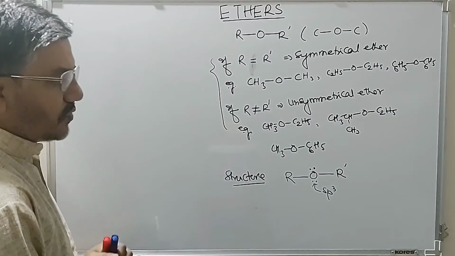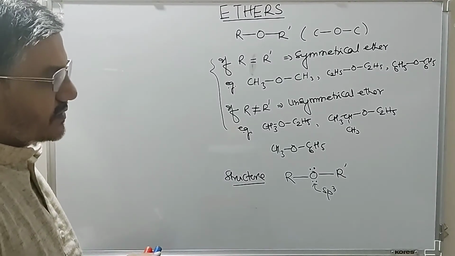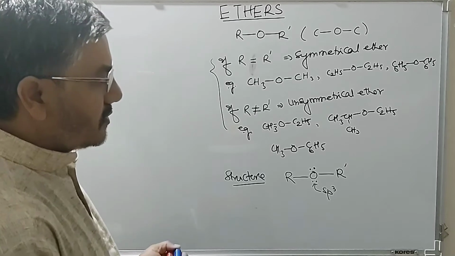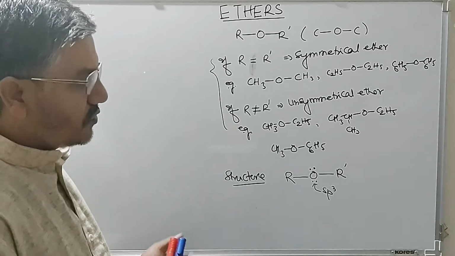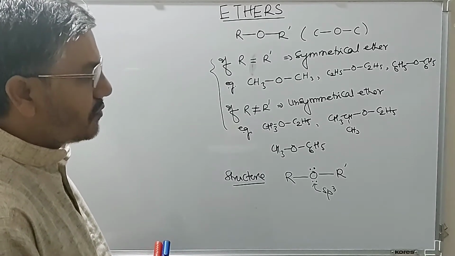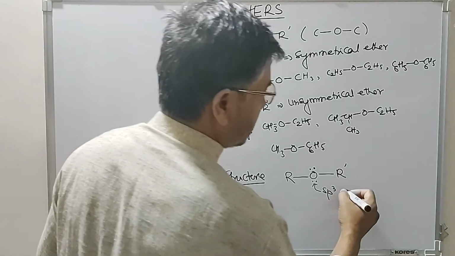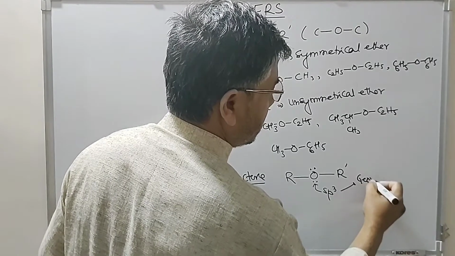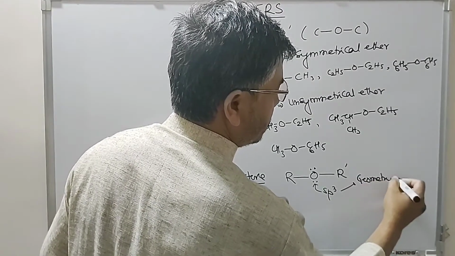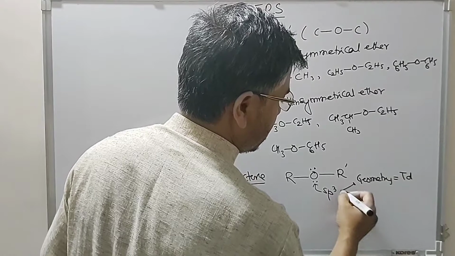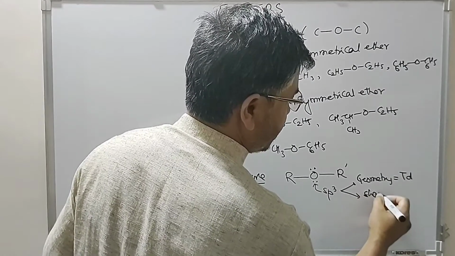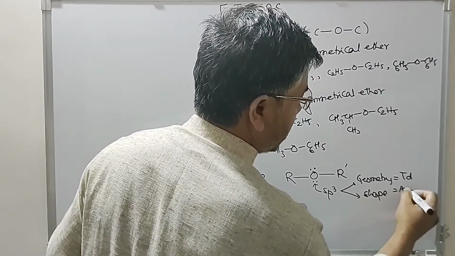So with the central atom oxygen being sp3 hybridized, the geometry of this ether will be tetrahedral, but the shape will be angular.